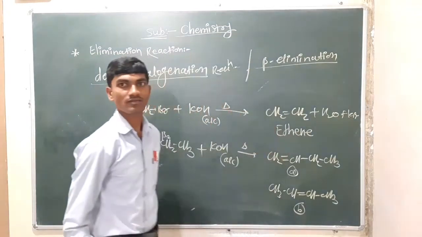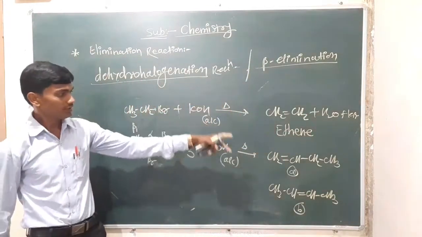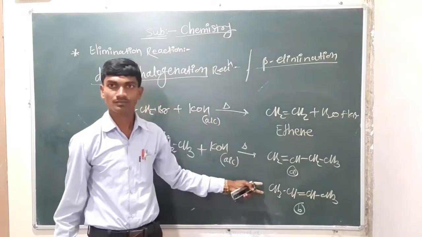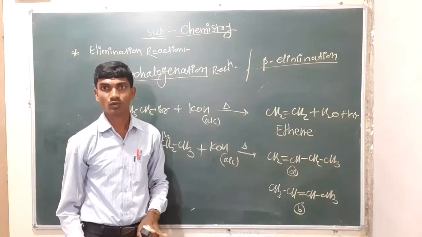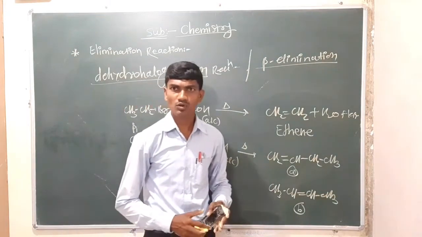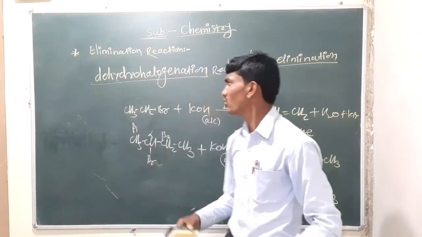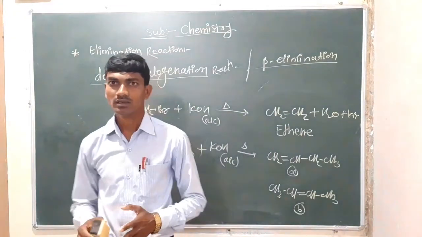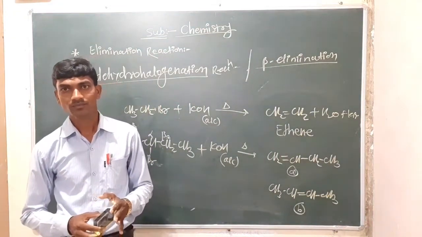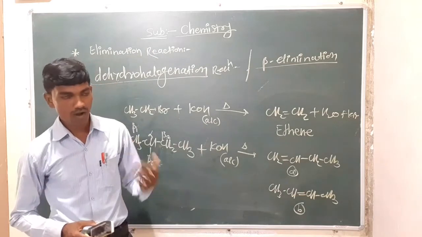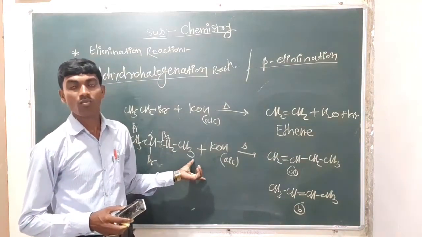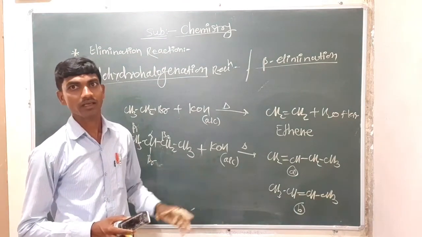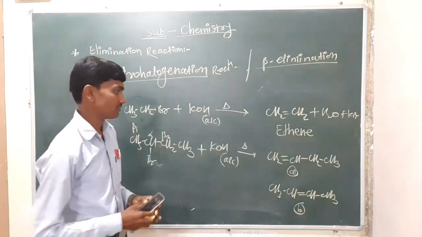When two compounds are formed, one is the preferred compound, according to Saytzeff's rule. What is meant by Saytzeff's rule? In dehydrohalogenation reaction, the preferred product is the alkene with more alkyl groups on the double bonded carbon atoms.